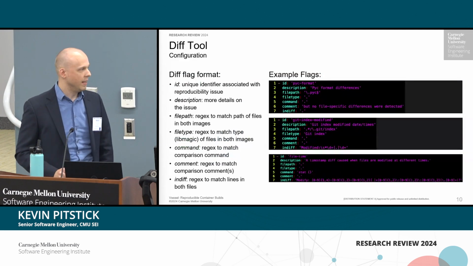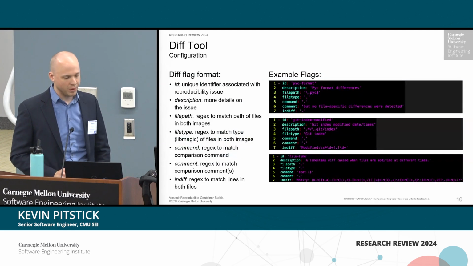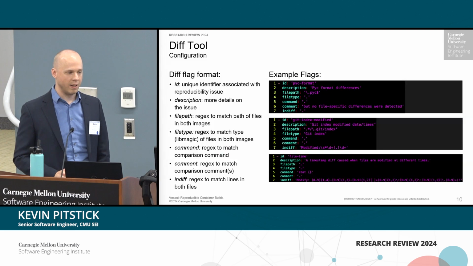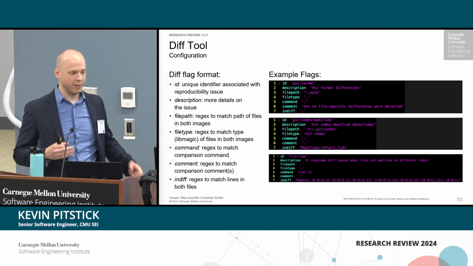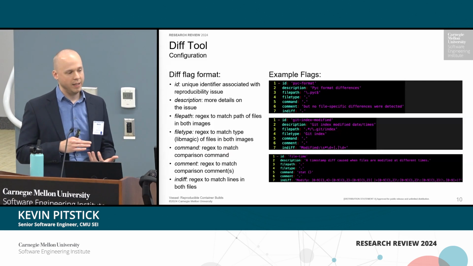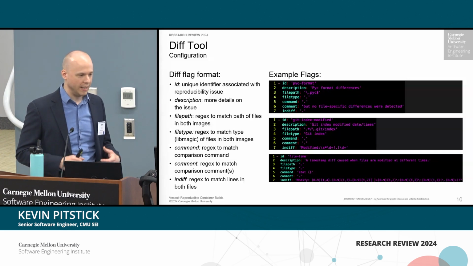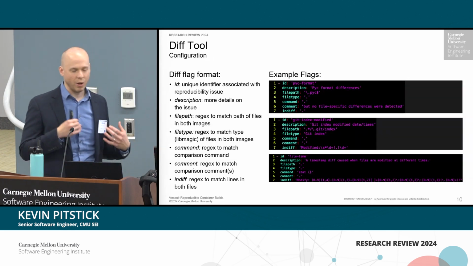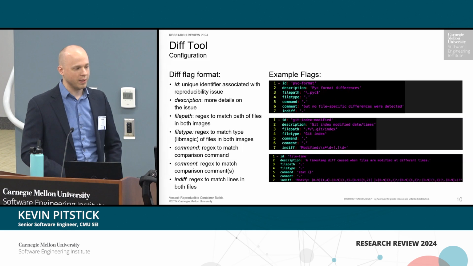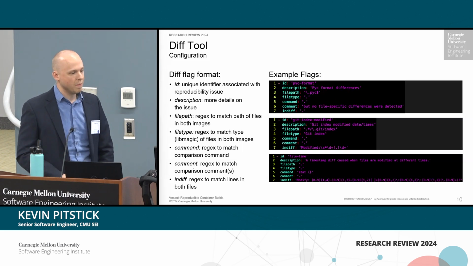As I mentioned with the diff tool configuration, there's a number of things that we set in our configuration file. One of them is you can specify a particular file path. So for example, if we're looking at reproducibility in Git metadata, it's always going to be in that .git folder that's in your repository.